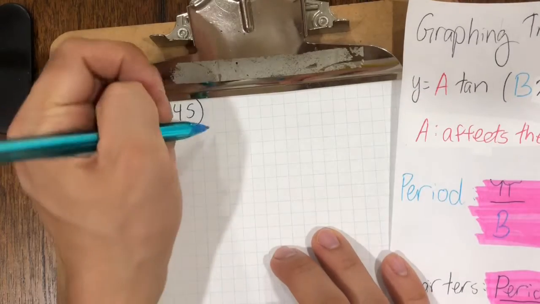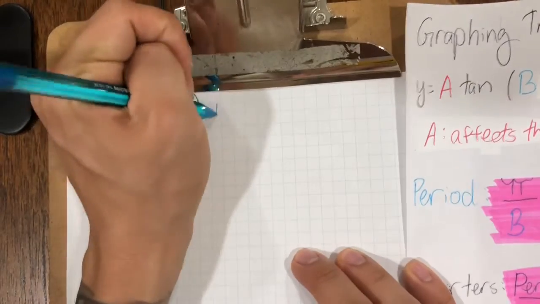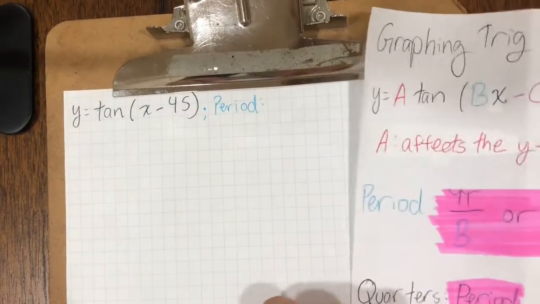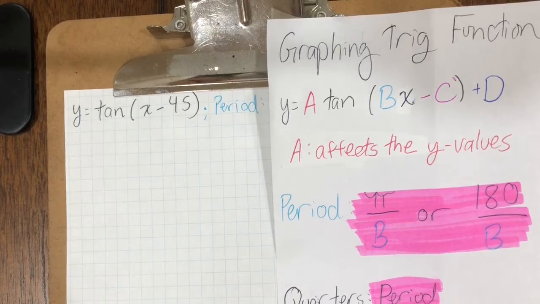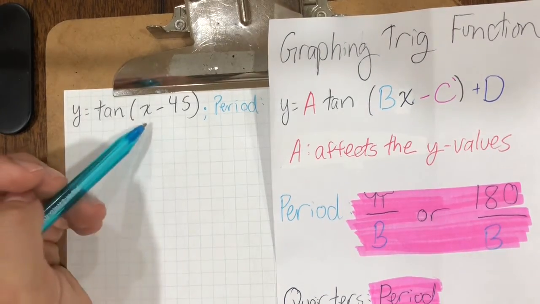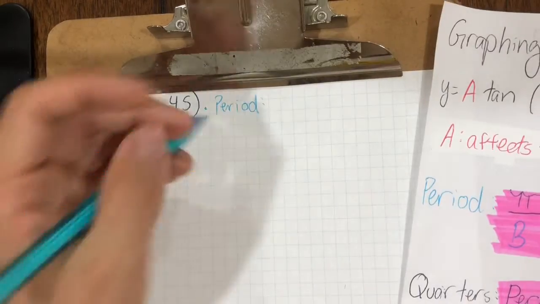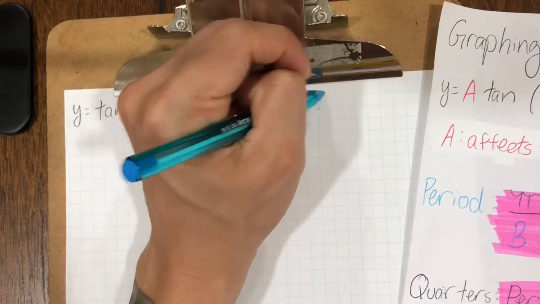So for the period, you take 180 degrees and divide it by the value for B, which in this case is 1, since there is no number in front of x. So I have 180 divided by 1, and I still get 180.